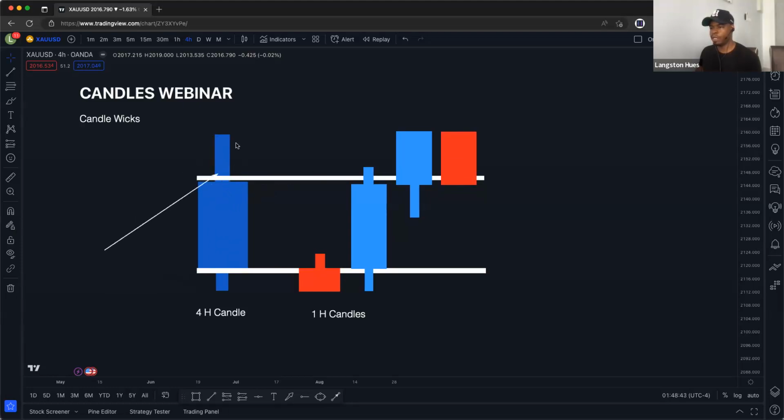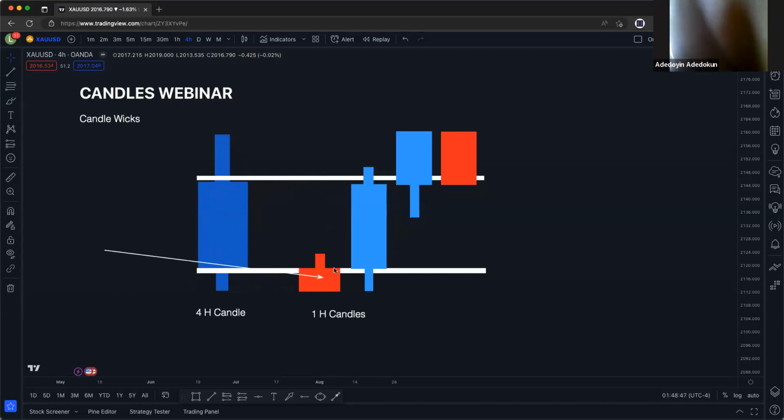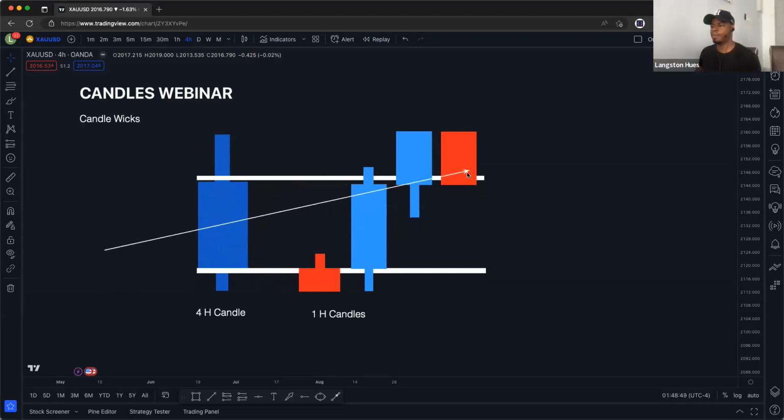It left this wick up here, but it didn't close above, right? So that translated to the 4 hour candles as this scenario. Price came back down and closed into this range. But on the 4 hour, it left this wick up here. So that left the opportunity for the next 4 hour to actually fill that wick, right?